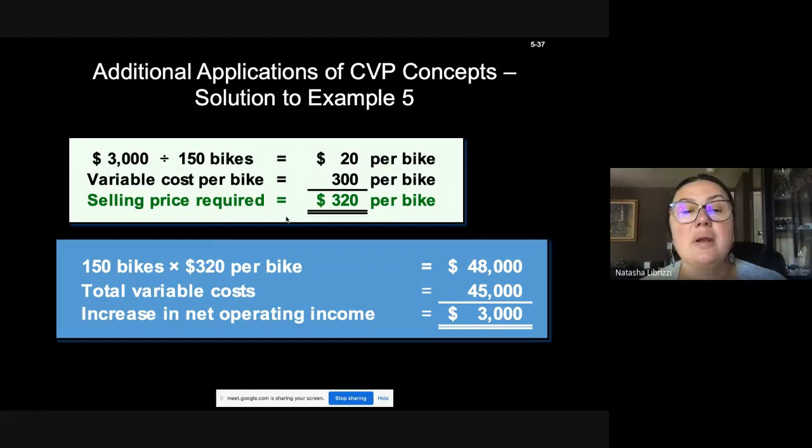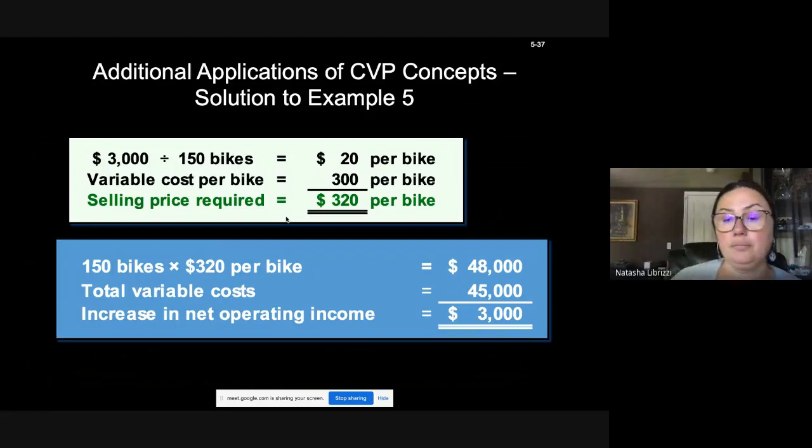So the selling price required would be 320 per bike. Remember, 500 was our original price, but we're willing to let them go at 320. All we did is add what we want to make above our variable cost.